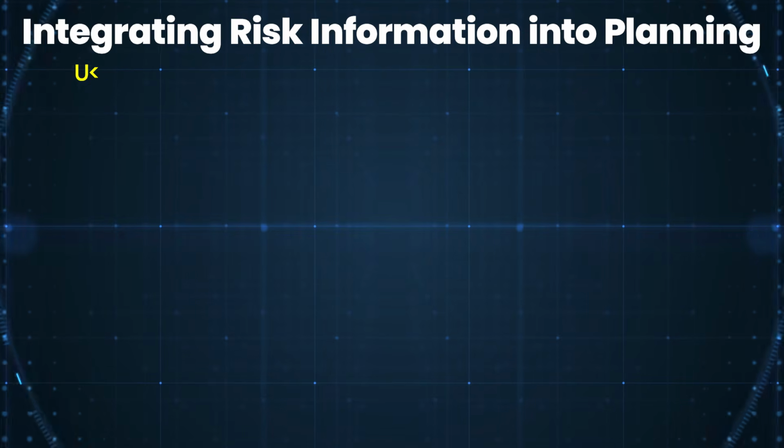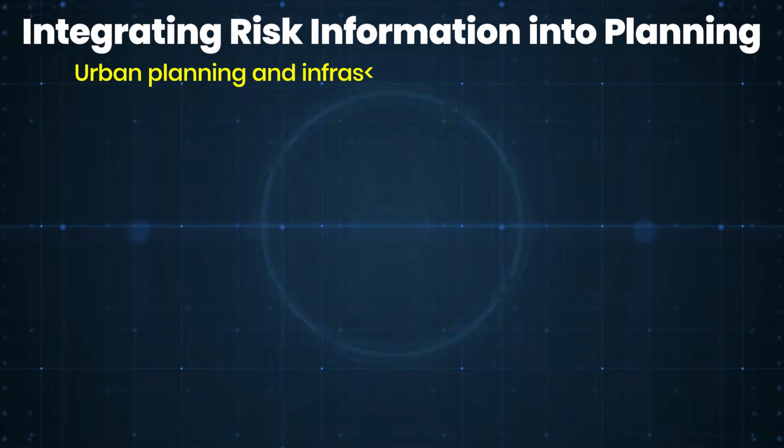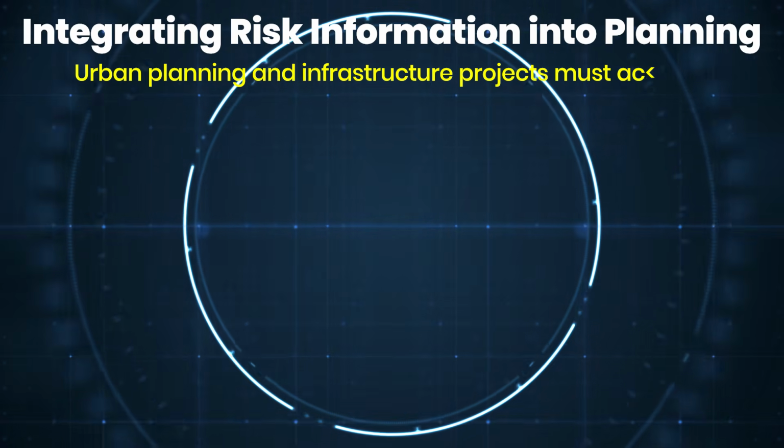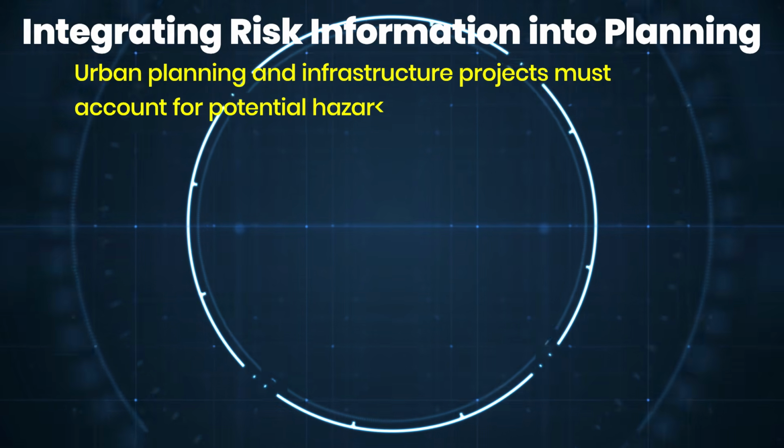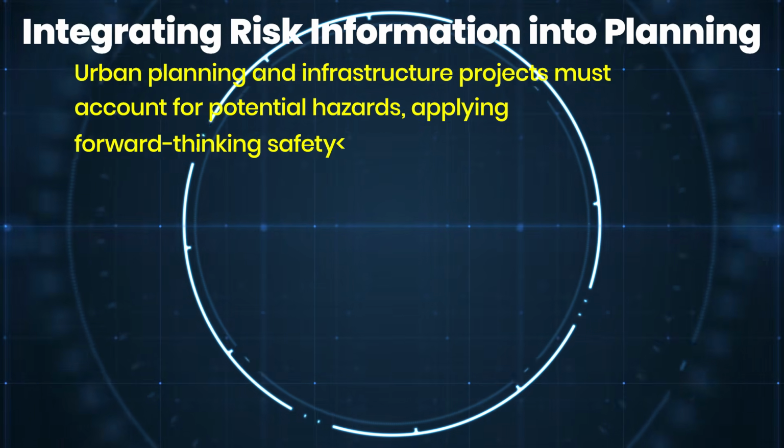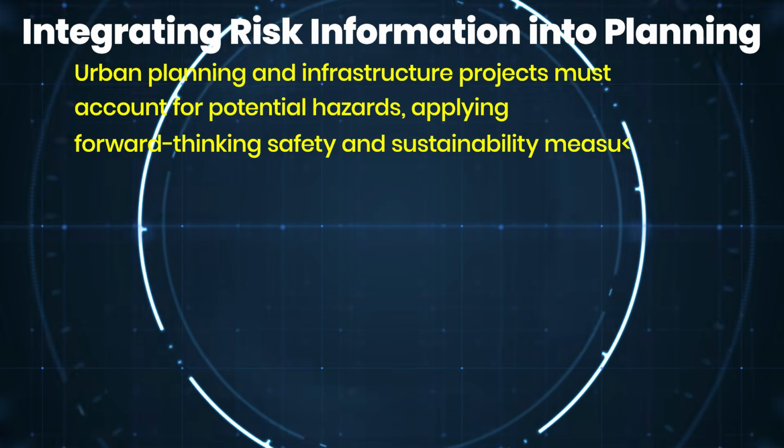In mountainous areas prior to landslides, hazard mapping helps designate safer zones for development in the area. Now let us try to integrate risk information into planning. To manage disaster risk effectively, embedding risk data into planning processes is essential. Urban planning and infrastructure projects must account for potential hazards, applying forward thinking safety and sustainability measures.